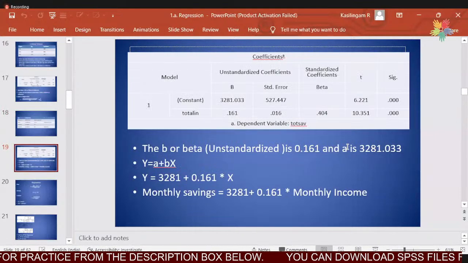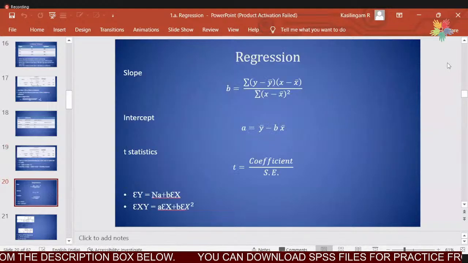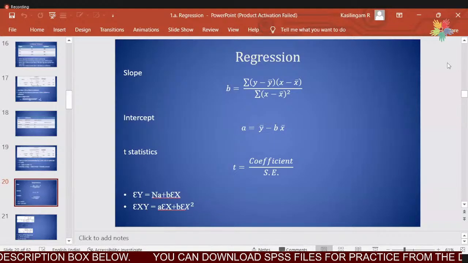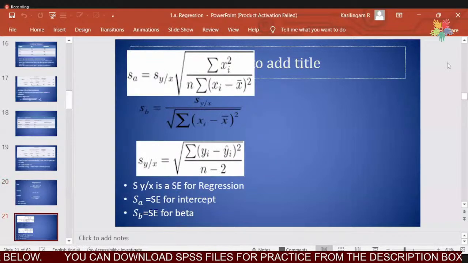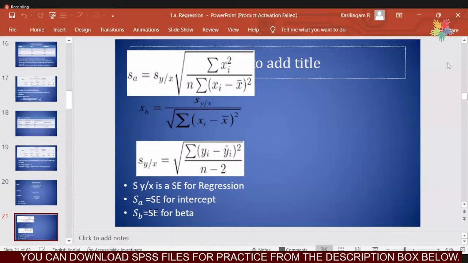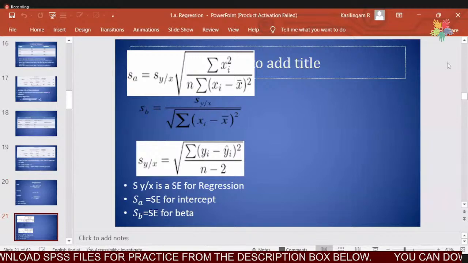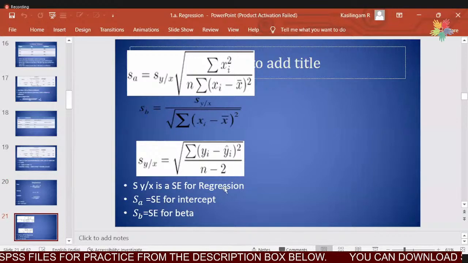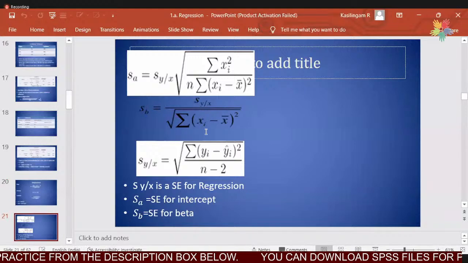I think we have understood these values. How is the slope calculated? How is the t value calculated? What is the standard error formula? How is the intercept calculated? We have the formulas for all of these.